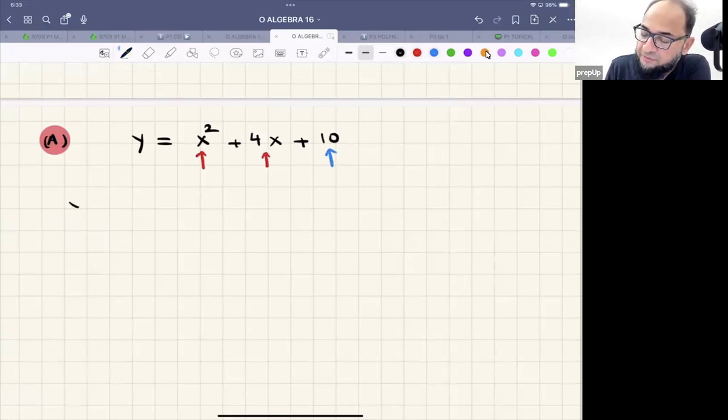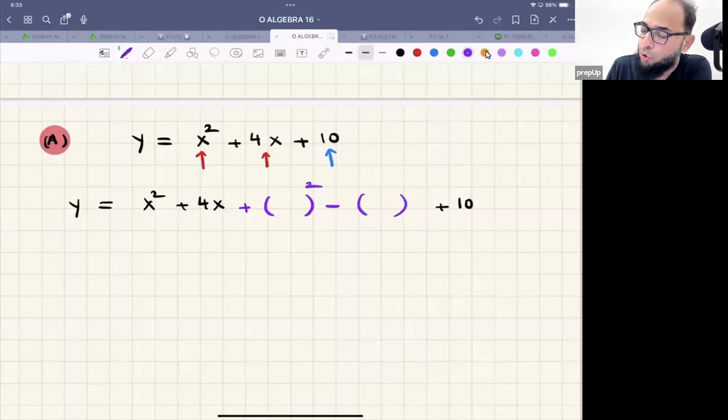What we will do is that we will write x square and 4x first, constant term on the side. We will first add, then subtract square of half the coefficient of x. What is the coefficient of x? Coefficient of x is 4, half of that is 2, and 2 over here.